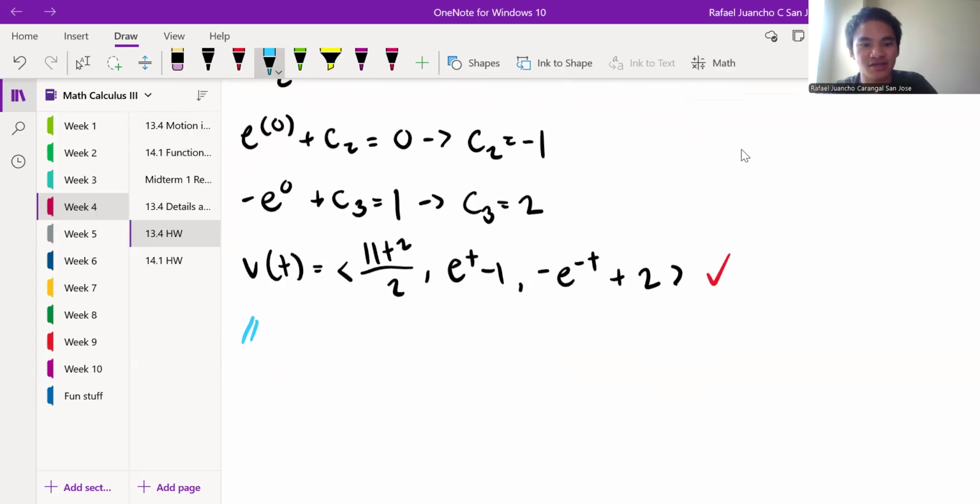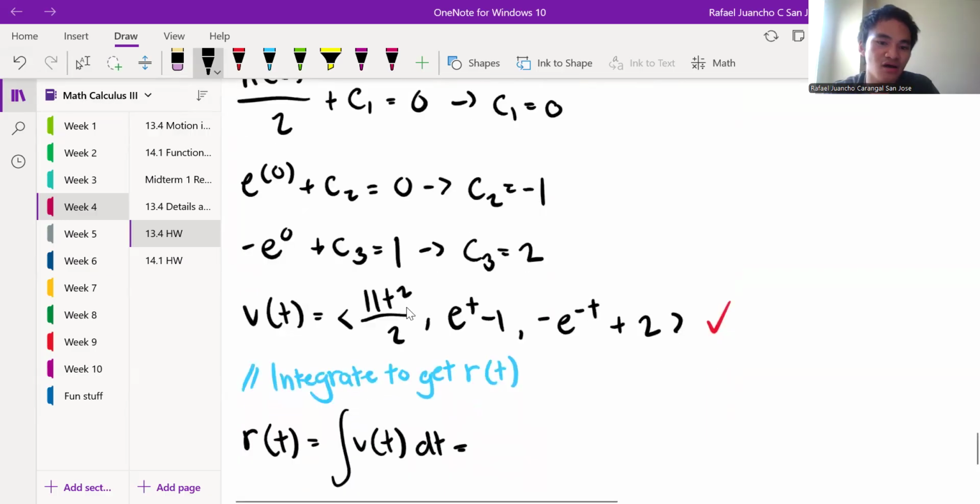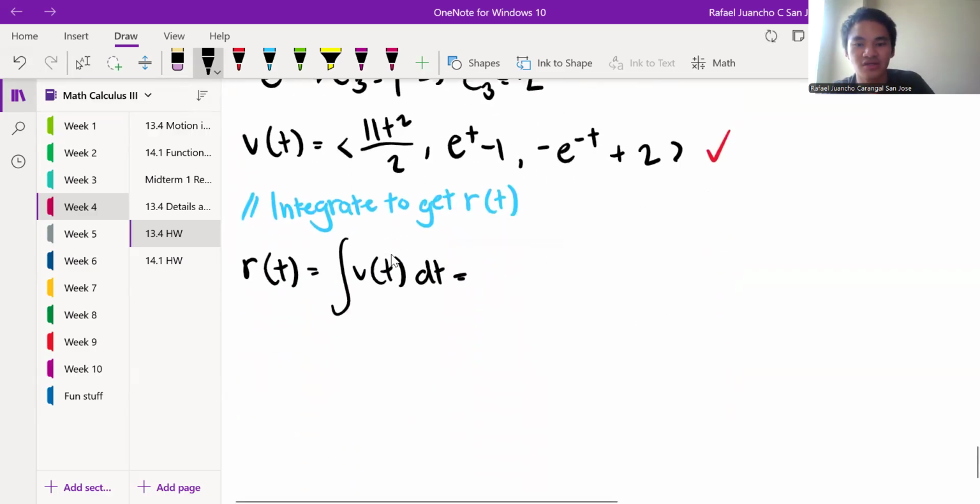Now we integrate this again to get my position vector. So my r of t. What I'm saying in math terms, my r of t is just the integral of my v of t. And from here, we're integrating each component.